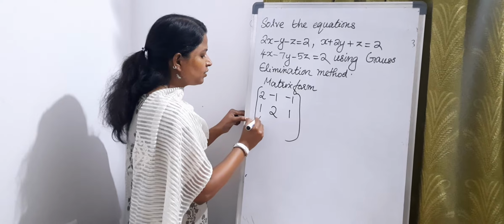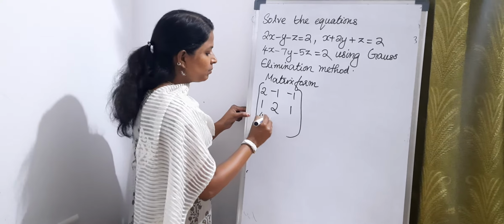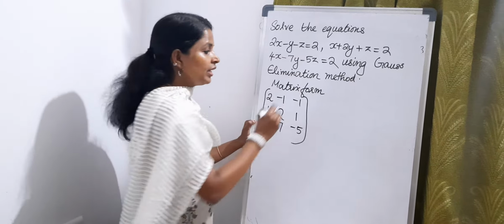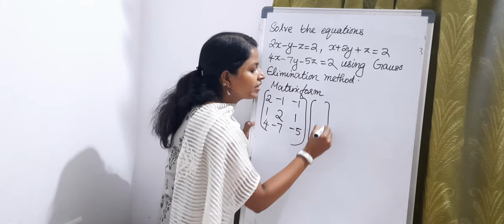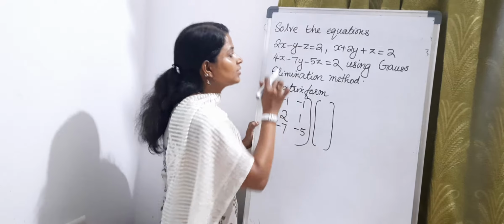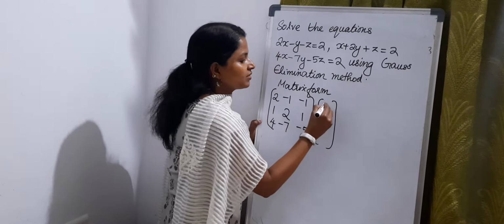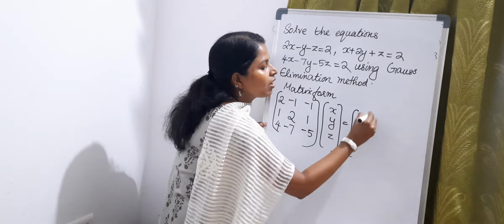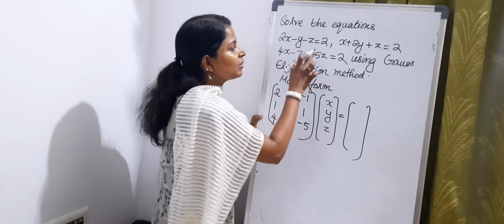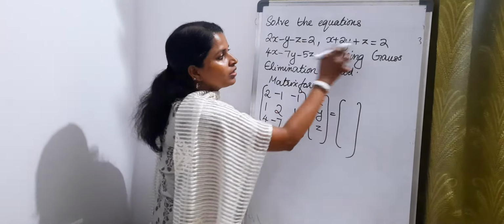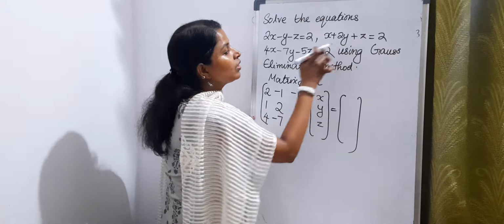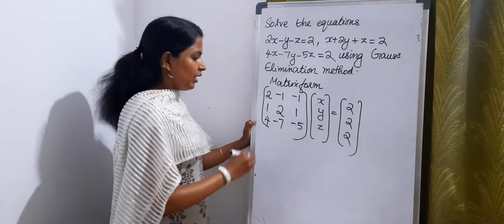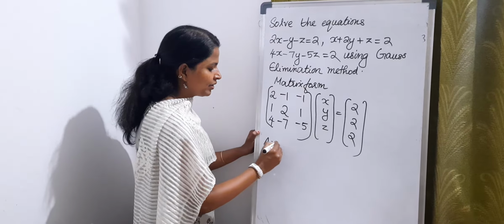Third equation: 4x minus 7y minus 5z, into the unknown column matrix x, y, z, equal to the constant matrix. The constant matrix is here 2, in this equation 2, here also 2. Then write the augmented matrix AB.